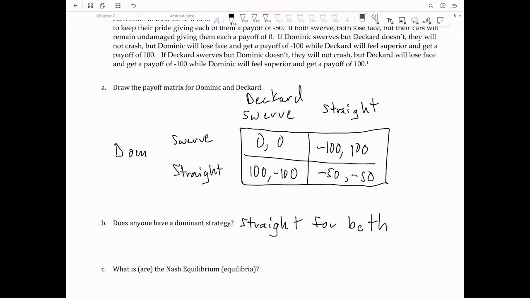So figure out what payoffs are needed to get a different equilibrium. I saw a couple of eyebrows raised. So if you have questions, I can definitely come talk to you about it.